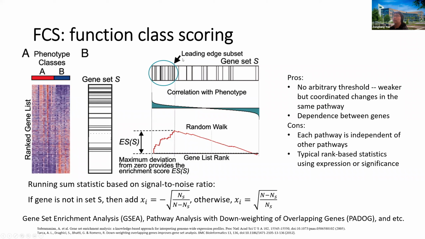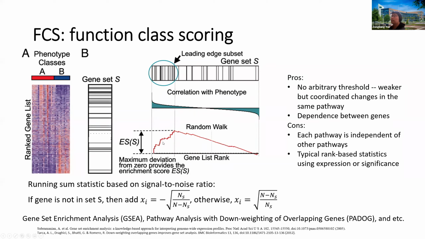As well, for this leading edge subset, you can perform the sum statistic based on the signal-to-noise ratio. If a gene is not in set S, it adds noise with a penalty. If there are genes inside, it adds signal. All of this accumulated together sums to exactly zero. So you can see whether it's enriched at the head or the tail.